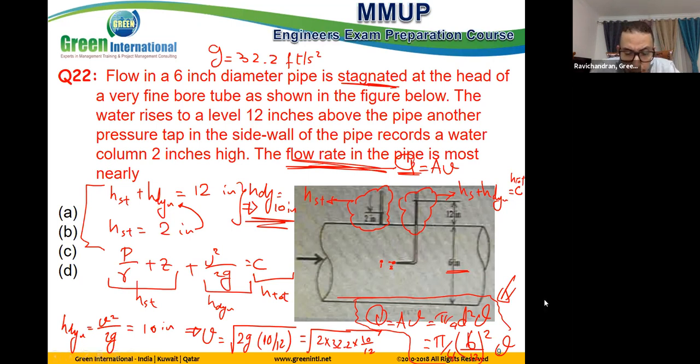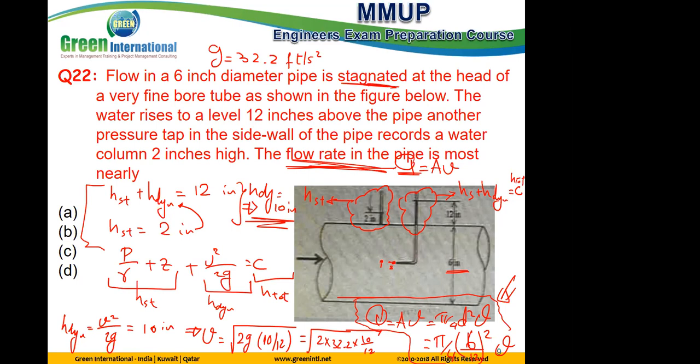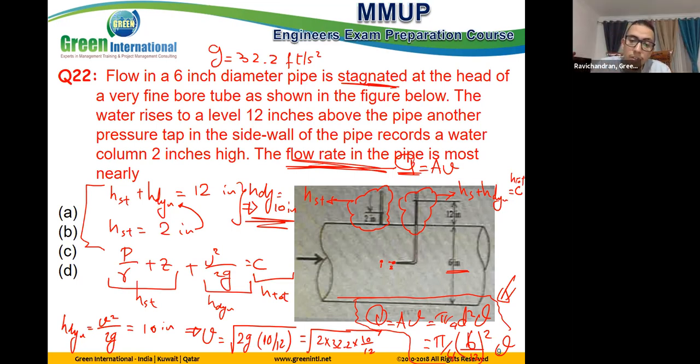So start by calculating. 2 multiply... 7.32. Velocity is 7.32. And this velocity should be multiplied by pi over 4 d square, with d 6 by 12, squared.